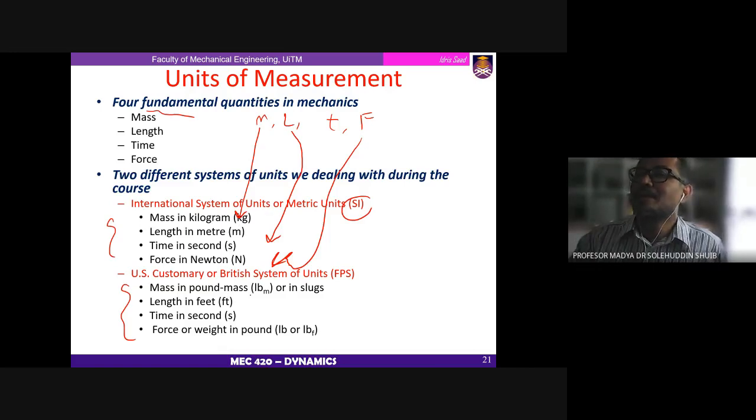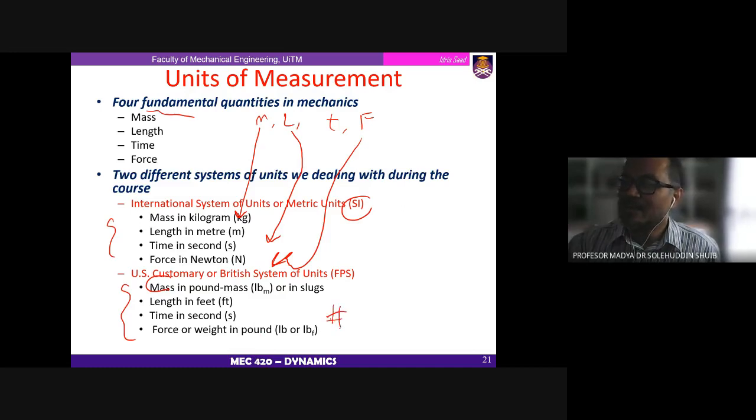In the British system, they use pound-mass or slugs for the mass. For the length, they use feet. For time, it is the same, in seconds. And for the force, it is pound.